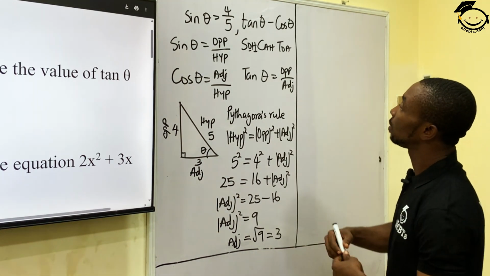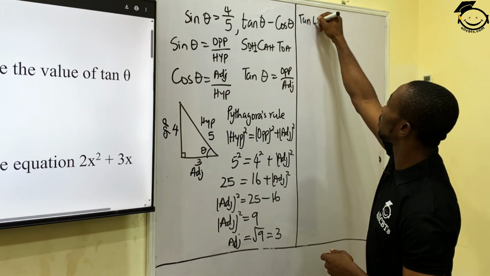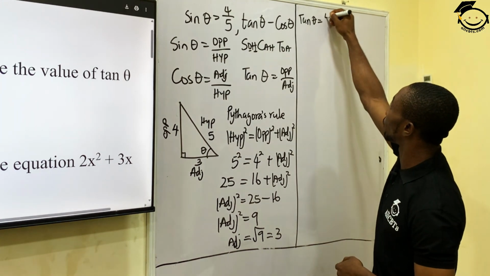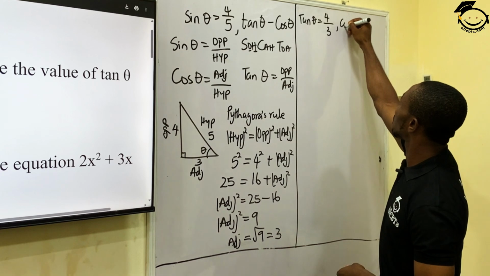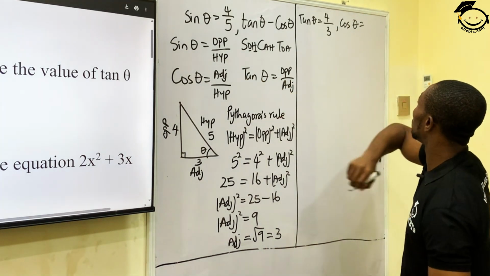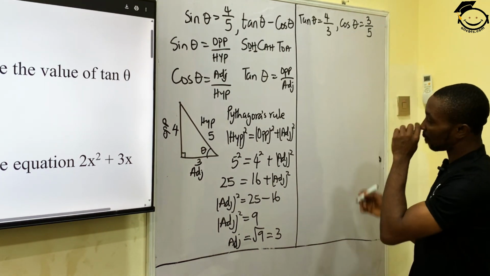Now, applying to tan theta, which is opposite over adjacent, our opposite is 4 and adjacent is 3, and cos theta, which is adjacent over hypotenuse, our adjacent is 3 and our hypotenuse is 5.